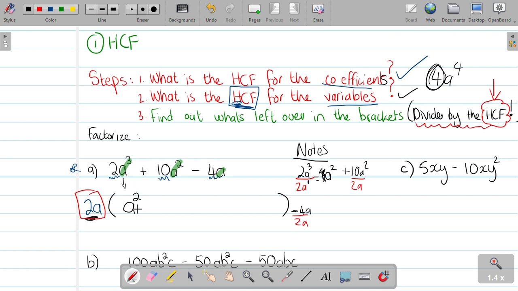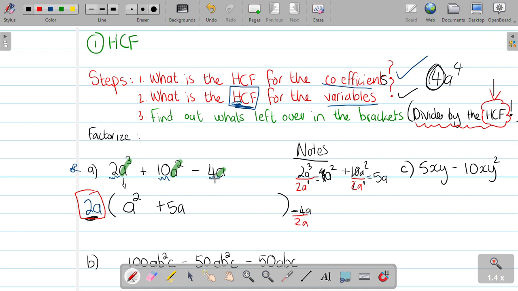Okay, so let's have a look at the next one. You must take every term. I took my next term, 10a squared, divided by the 2a. You do that little sum on the side, and if you need to make a few little notes, if you can't do it in your head. So 10 divided by 2 is 5. A squared divided by a to the imaginary 1 will leave you with a. So you take that and write it over here, plus 5a.